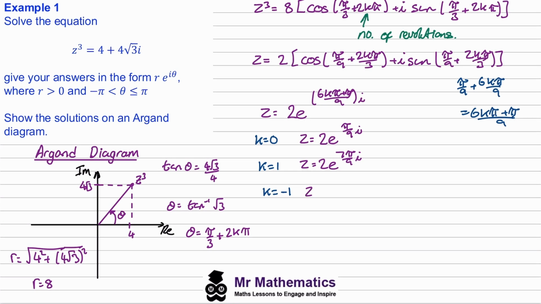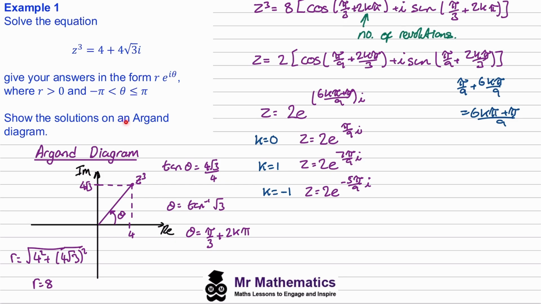So z will equal 2e. Substituting in -1, we get -6 pi plus 1 more, so -5 pi over 9 i. And because we're looking at z cubed, there'll only be 3 solutions.